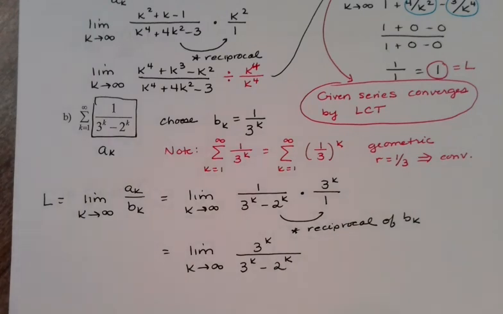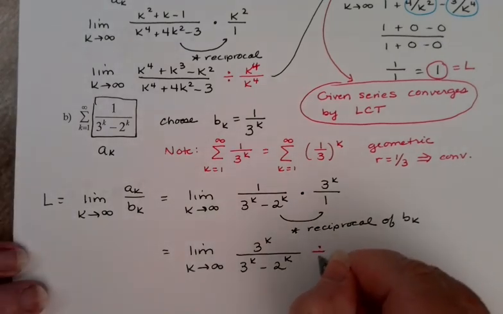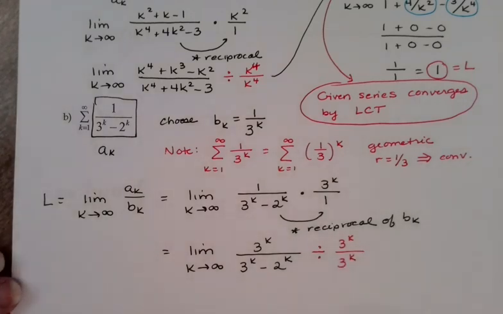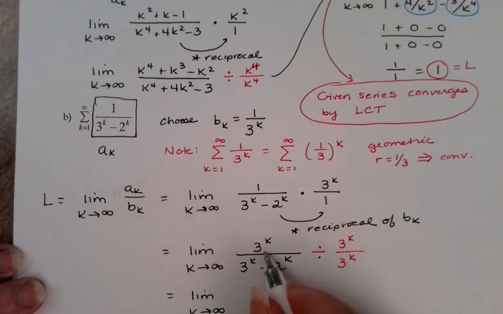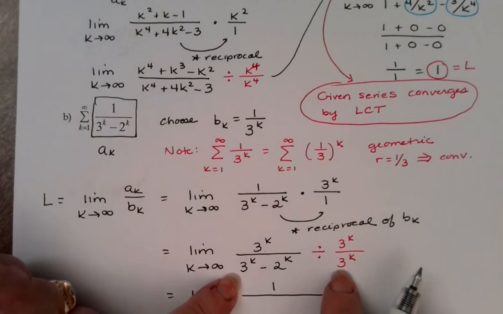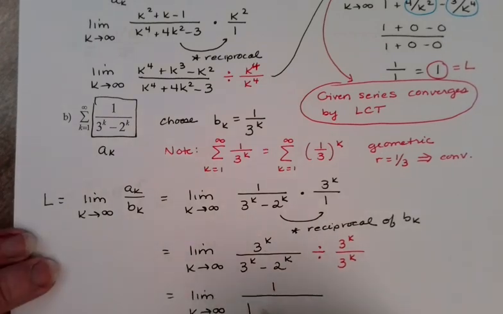I'm going to use a little modified version of dividing by the highest power. I'm going to still divide, but by the highest value. I'm going to divide top and bottom by 3 to the k. So on the top, 3 to the k divided by 3 to the k is 1. On the bottom, 3 to the k divided by 3 to the k is still 1. And this is going to give me 2 divided by 3 to the k.